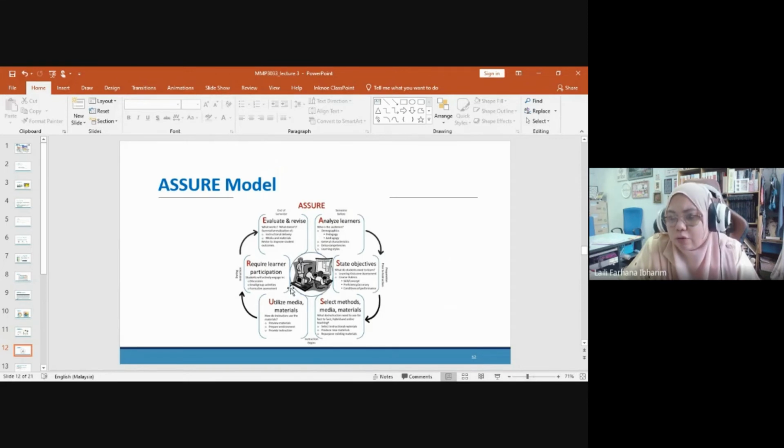We do the test, we do the discussion and see the feedback. From that, we evaluate and improve on the weaknesses of the previous strategies. So this is the ASSURE model.